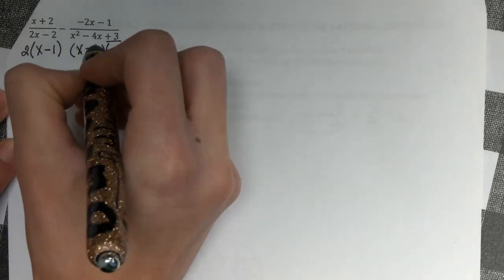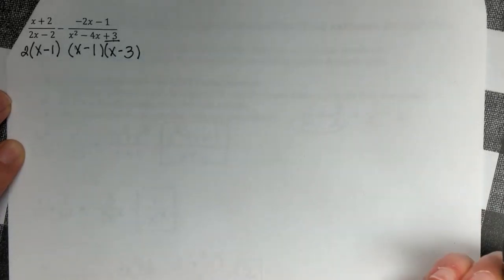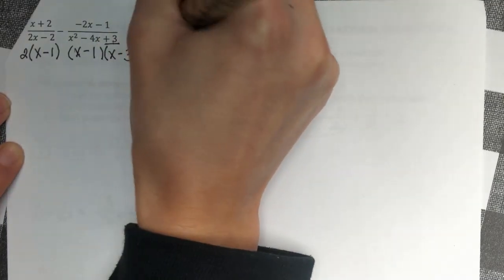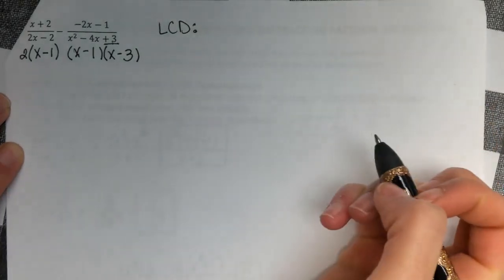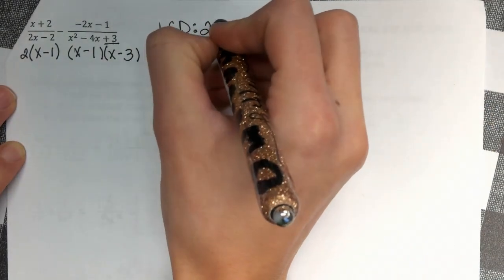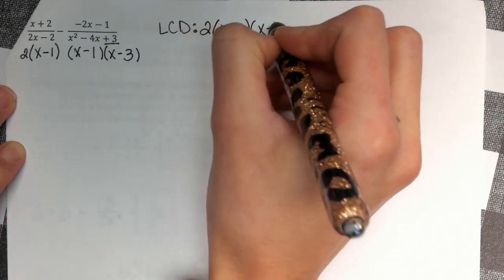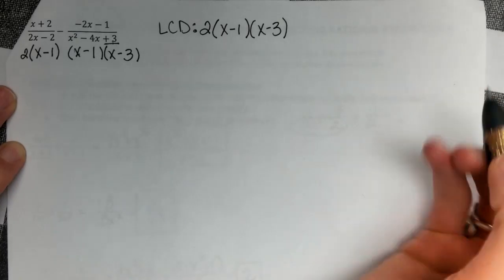So x minus 1 and x minus 3. Okay, so for my LCD, what's your full LCD? 2, x minus 1, x minus 3. Did we get it right?